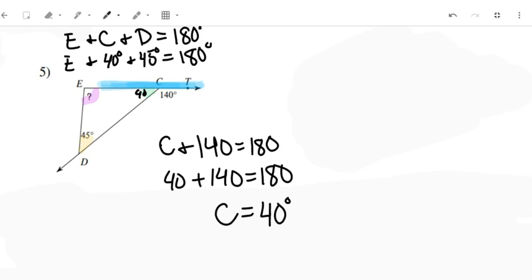So you can add 40 and 45 together, which is going to give you 85. So then you're thinking, okay, what plus 85 equals 180? So I'm doing 180 minus 85 to find out what that remainder would be. And E would be 95.